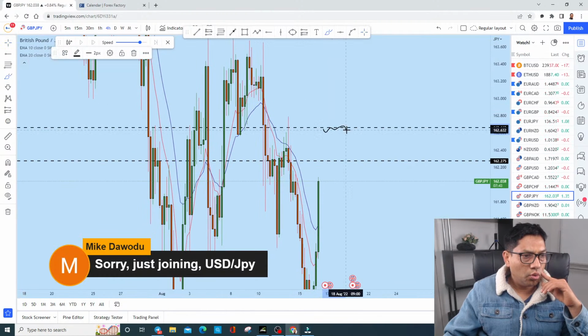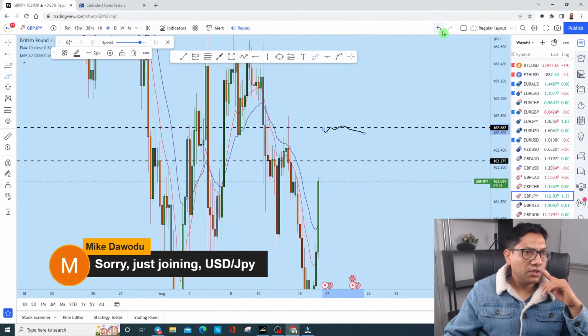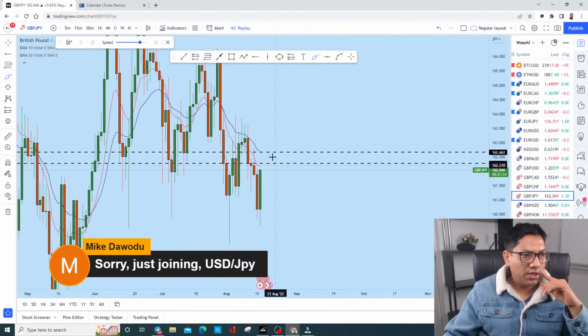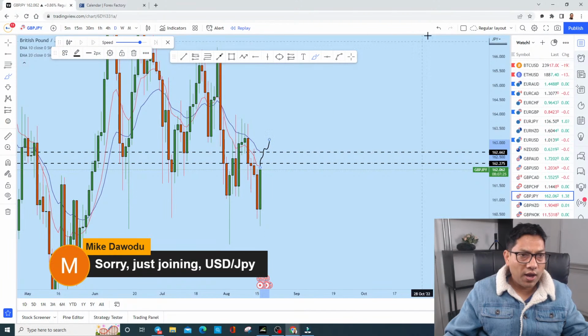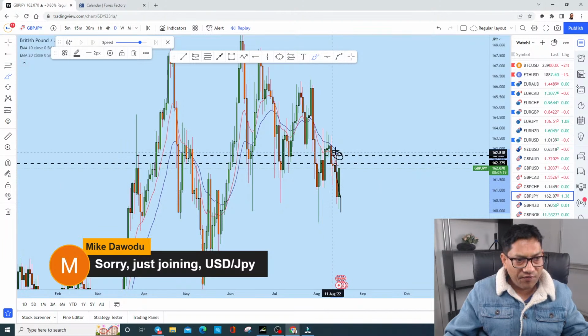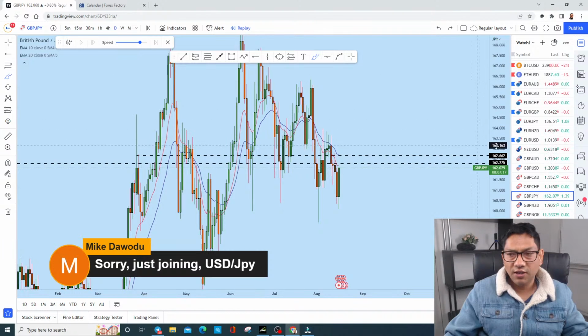From this zone we could see GBP JPY start to drop. Now looking at the daily, this is where we can see the daily 20 period moving average, and this is a high liquidity zone. If it reached today, that is a very high probability, because when you see such a big movement in one day, there is a chance that this is a fake move and we could see a drop on this one.